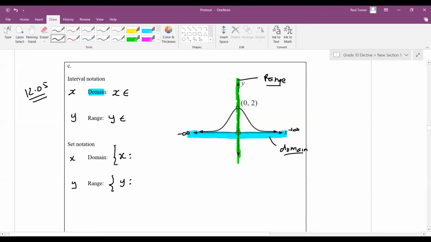But look here, you see that open circle? So it's all real x except 0. Okay, so we could write that as from minus infinity to 0, union 0 to infinity.